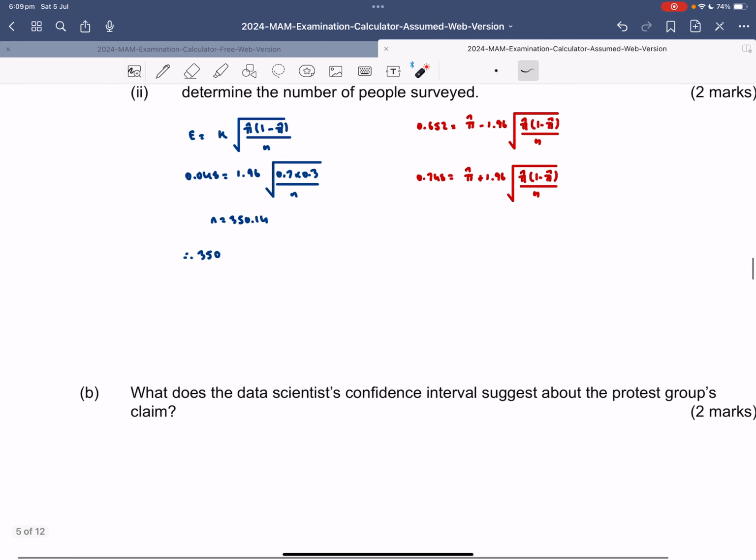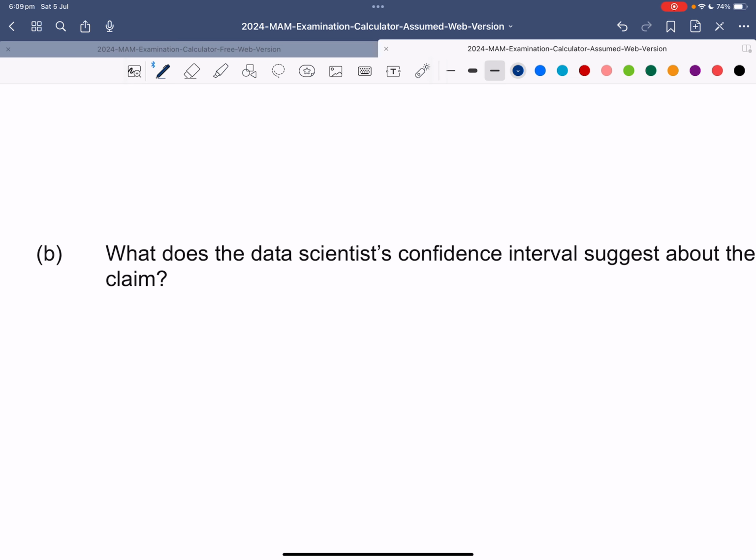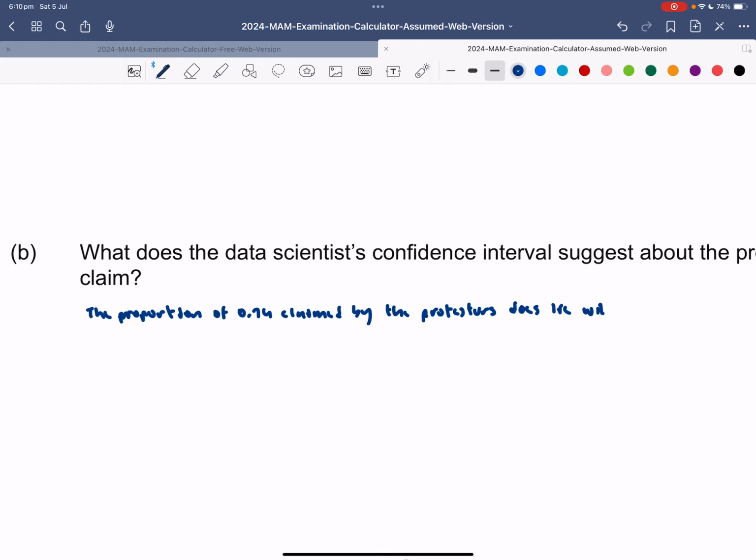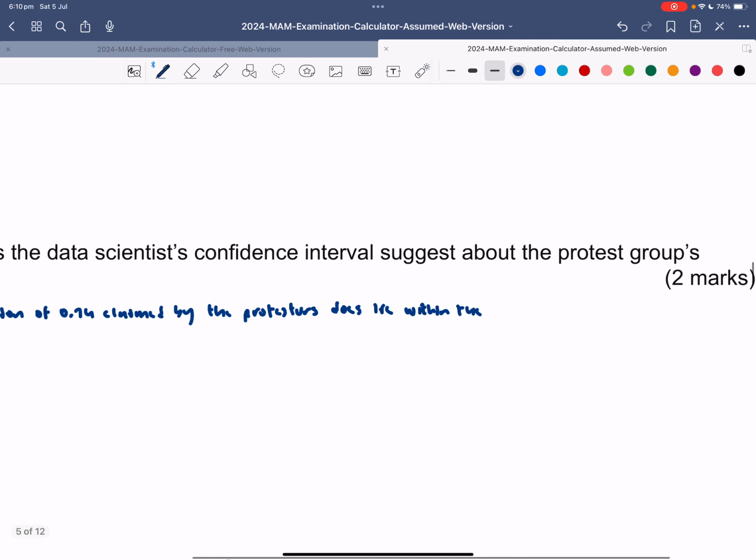So we can explain that the proportion of 0.74 claimed by the protesters does lie within the 95% confidence interval.